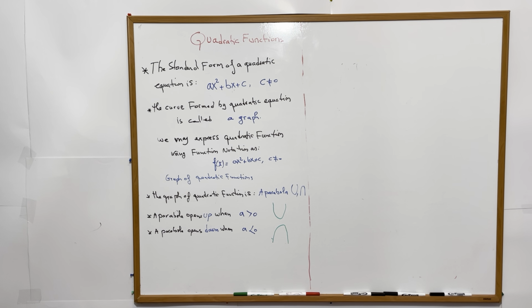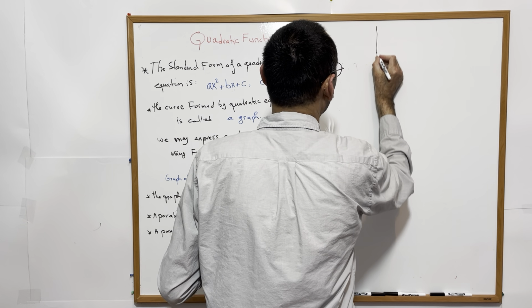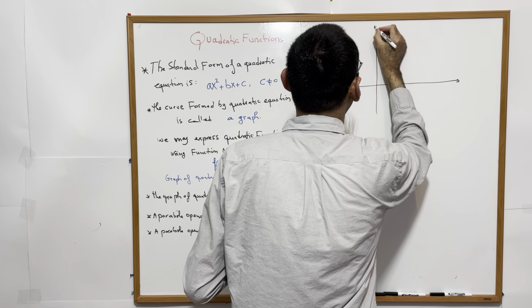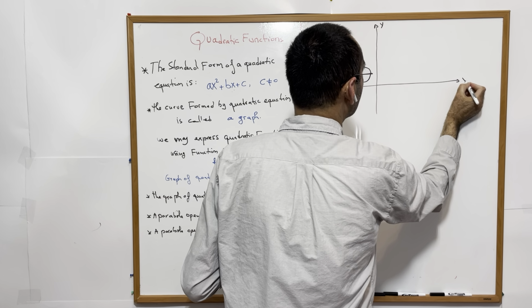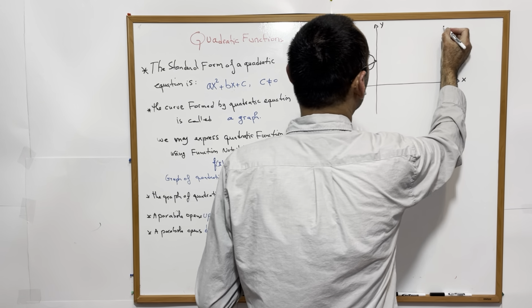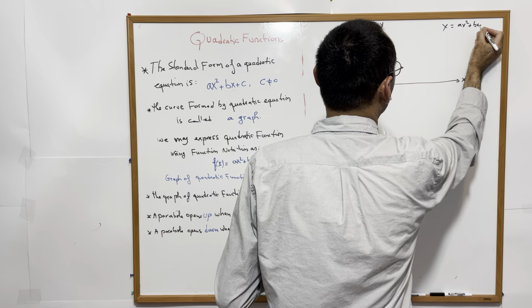I want to explain to you. This is y, this is x. y always equals ax squared plus bx plus c.